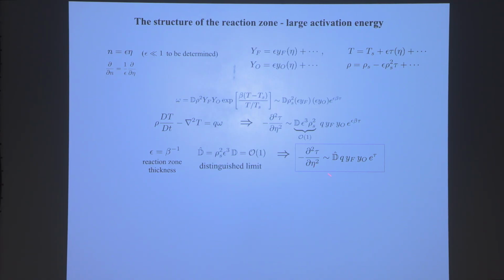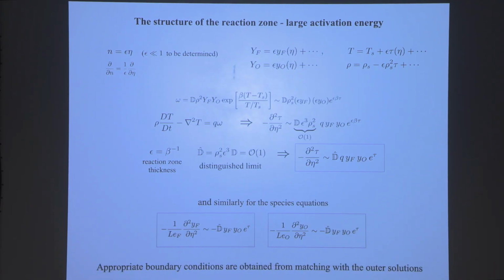And then we have a balance equation, which is this. It only differs from what we discussed yesterday by this exponential. But as you will see in a minute, it's very crucial. So then the details are that you write a similar equation for the fuel and oxidizer.